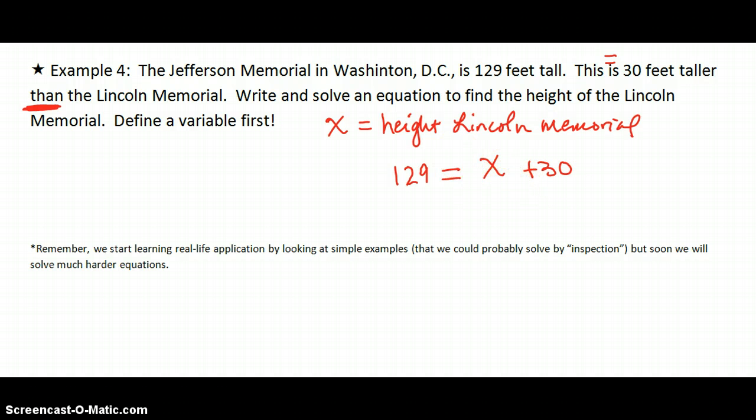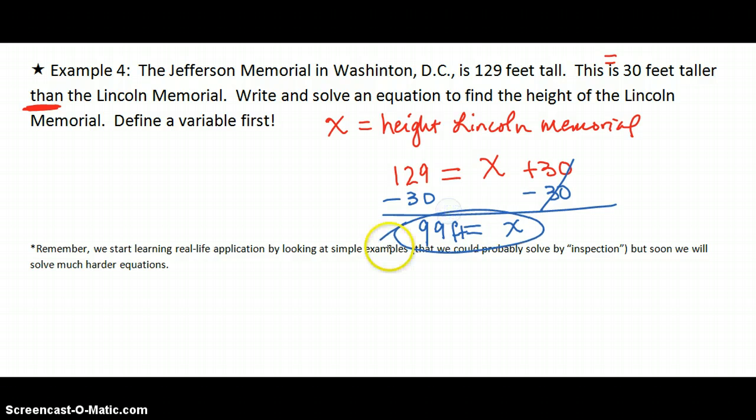Now I can solve this equation. I'm going to undo the addition of 30 by subtracting 30. So I have to do the same thing to both sides to keep everything equal. And 129 minus 30 is going to leave us with 99. So how tall is the Lincoln Memorial? 99 feet tall.